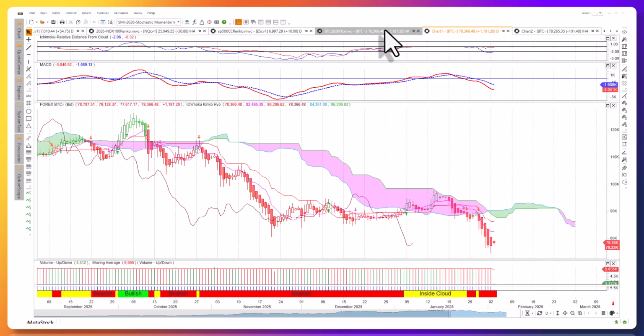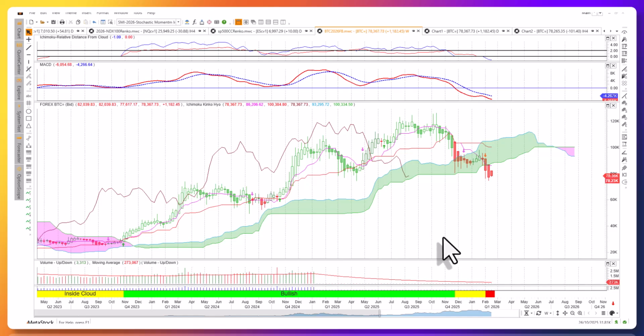Now let's take a look at the weekly. What's interesting to note on the weekly is we've had a really multi-quarter bull market in Bitcoin. Then it sliced through the cloud here and entered bearish territory. We now have a bearish outlook here, but interestingly, a key level to watch out for is the support zone here.